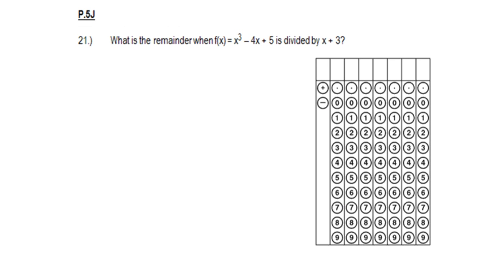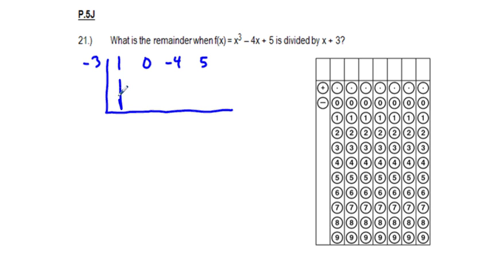Next, we're getting to the free response section here. What is the remainder when f of x equals x cubed minus 4x plus 5 is divided by x plus 3? Well, if we go ahead and set this up, our zero is going to be at -3, and then we're going to have 1 for x cubed, 0 for x squared, -4x, plus 5.